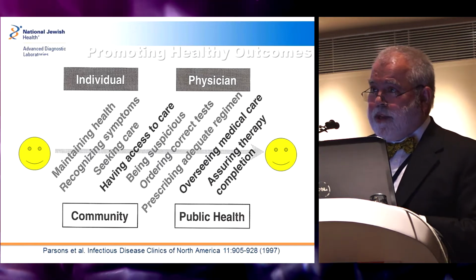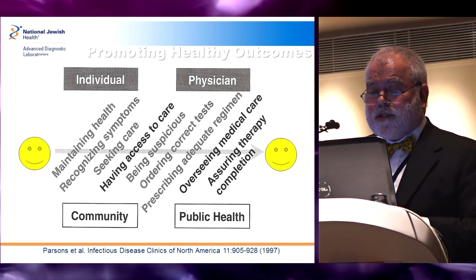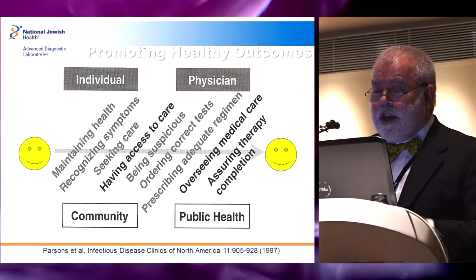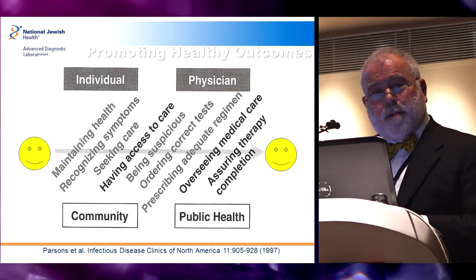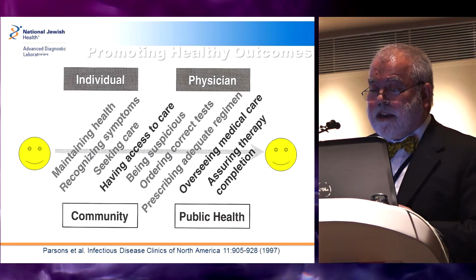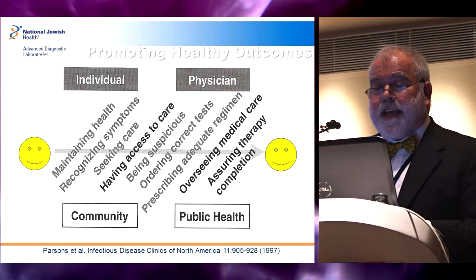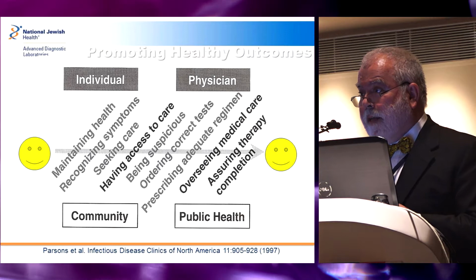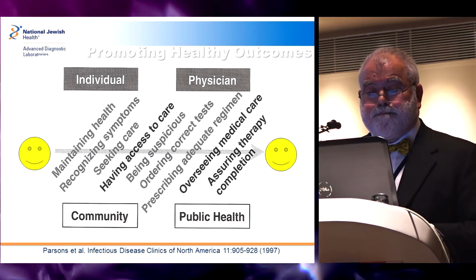And then, of course, when you are within the system, the healthcare provider needs to be suspicious for TB, ordering the correct test, prescribing an adequate regimen, and ultimately public health kicks in with overseeing medical care and assuring therapy completion. And only then we have a healthy outcome. So it's a team sport, and it's very important that everybody plays their role.